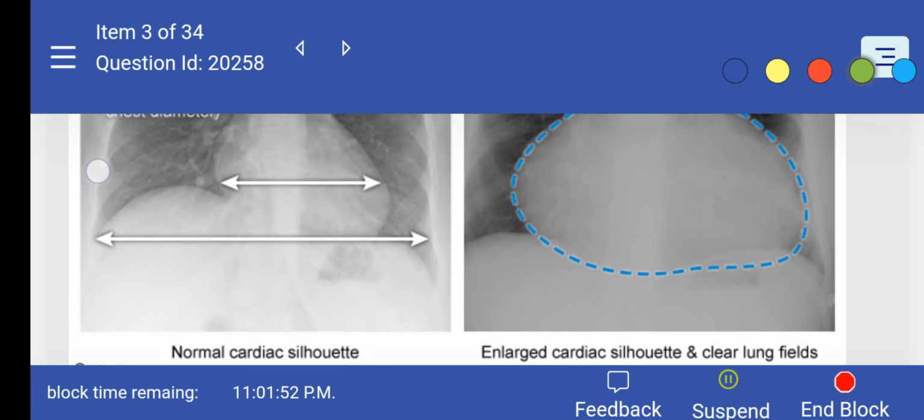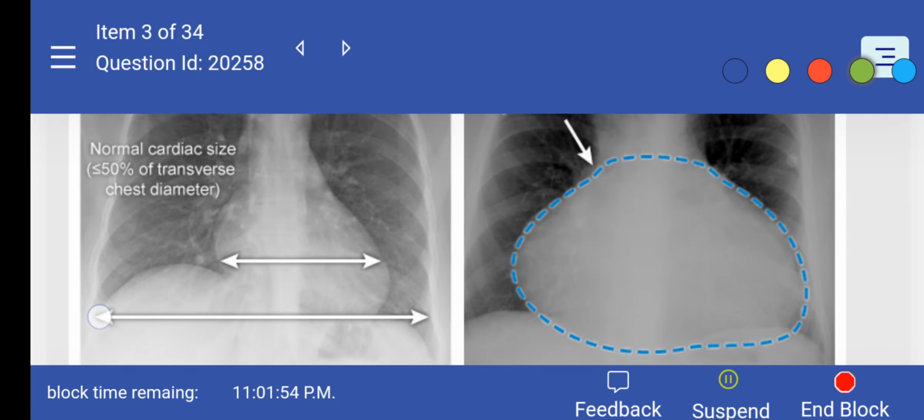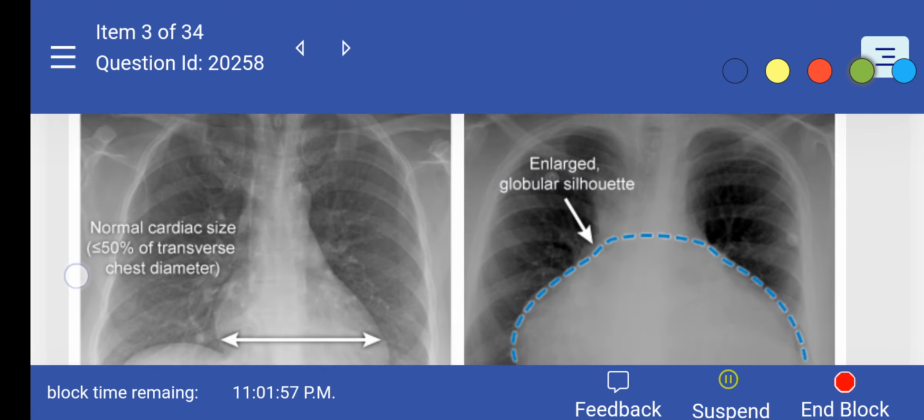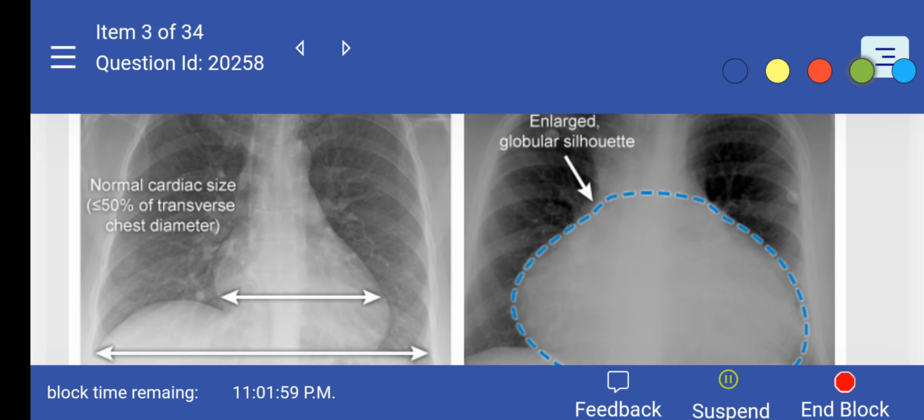If we look at the normal cardiac silhouette, the normal cardiac size would be less than or equal to 50% of the transverse chest diameter. This is important. So let's say if this is 100, the heart size should be less than or equal to 50.